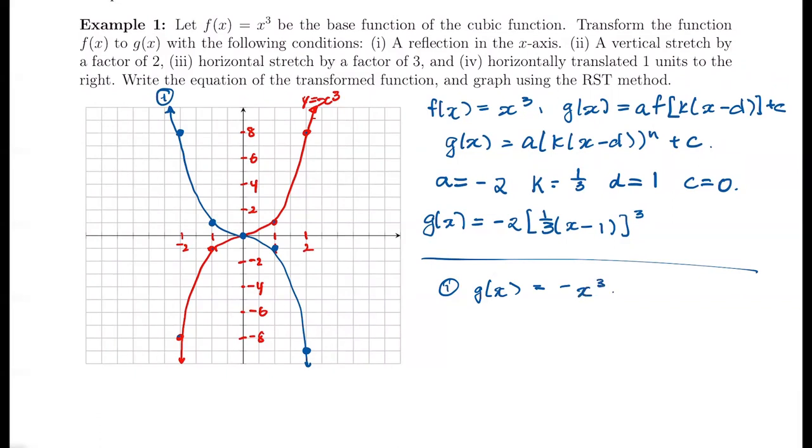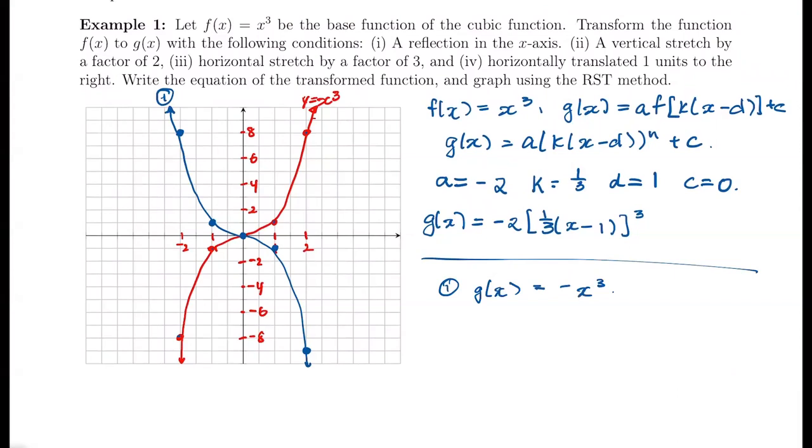All right. So the second graph that we want to graph is the vertical stretch and horizontal stretch. By the vertical stretch by a factor of 2, we're going to go away from the x-axis. And with the horizontal stretch, we're going to go away from the y-axis.